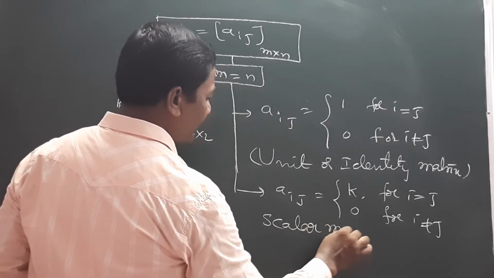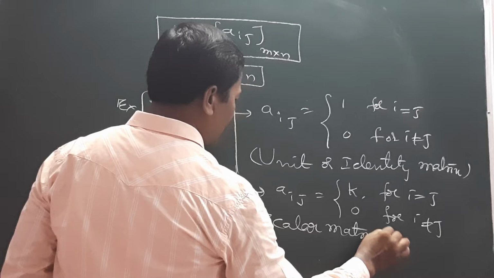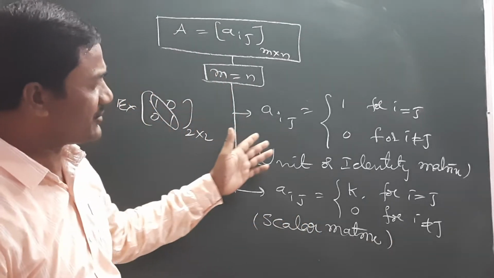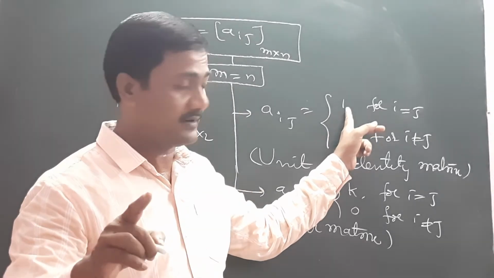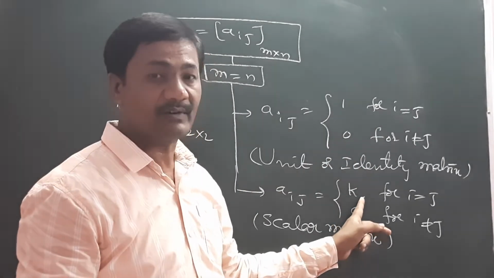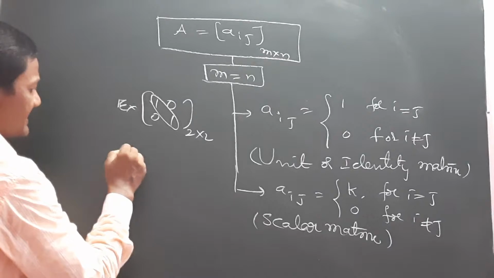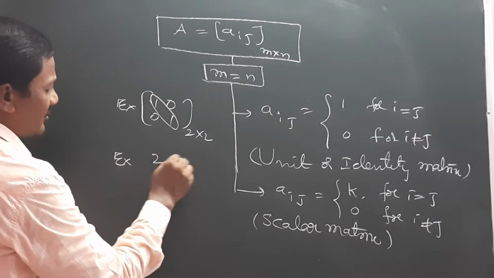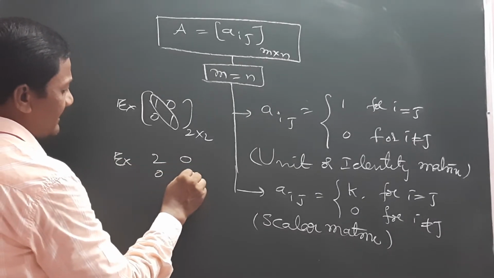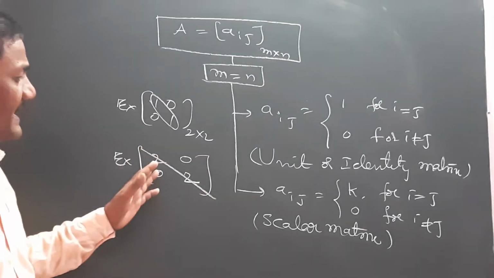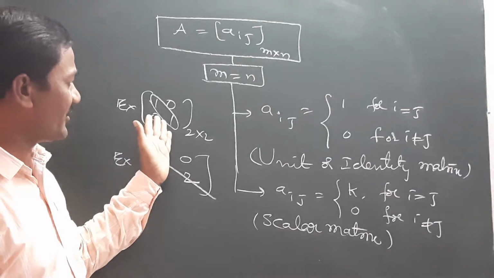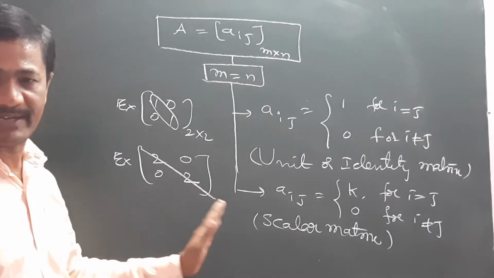The difference between a unit matrix and a scalar matrix: in a unit matrix the principal diagonal is always 1, in a scalar matrix the principal diagonal is always k. An example is 2, 0, 0, 2. So if the principal diagonal elements are equal and not 1, it is a scalar matrix. This is a unit matrix. This is a scalar matrix.